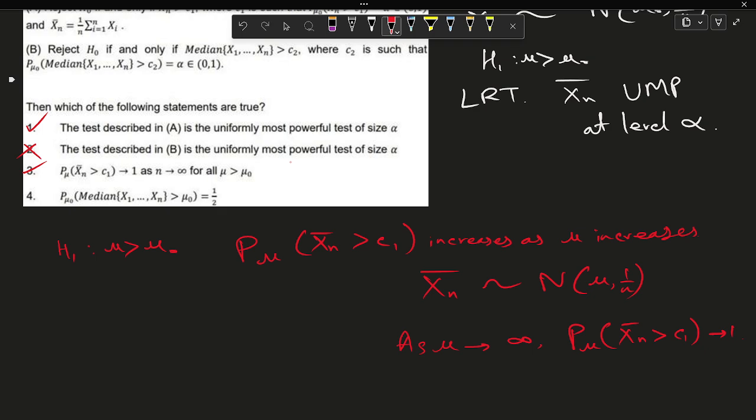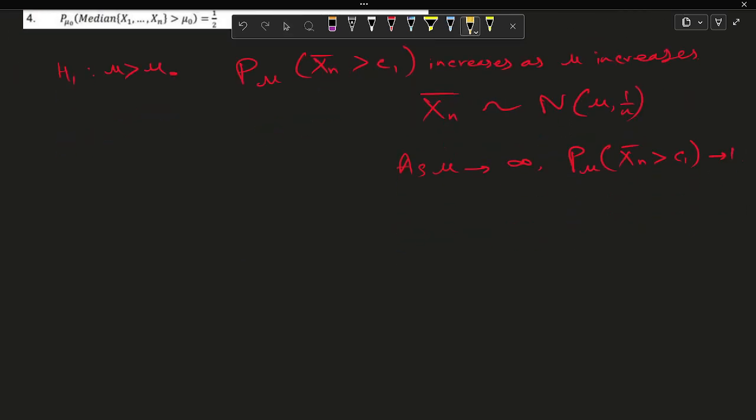Now we are going to check statement 4, which is about the probability of the median being greater than mu0. So what will happen here? For a symmetric distribution like N(mu, 1), the median of the sample is distributed symmetrically around mu.